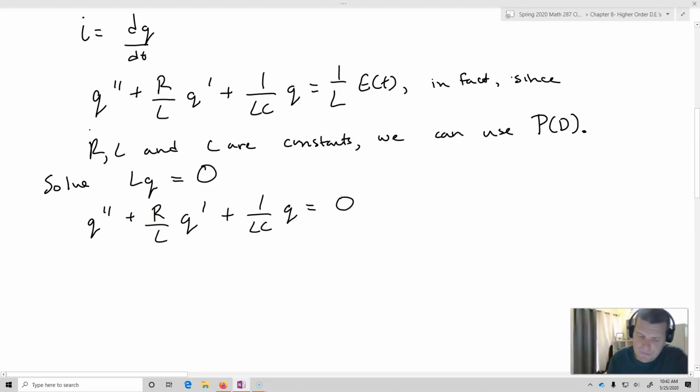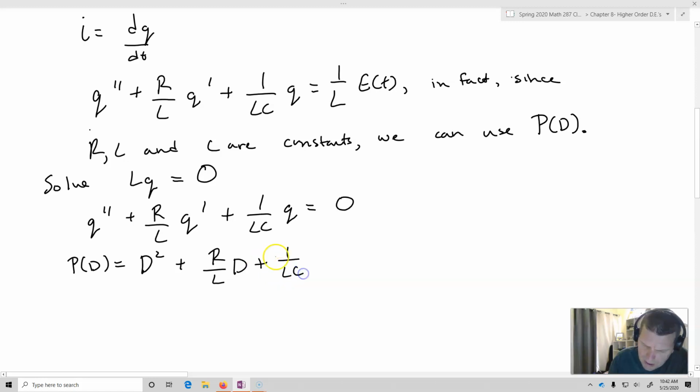All right, that's my homogeneous equation. So my P of D is going to equal D squared plus R over L D plus 1 over LC, right? Okay, and that's P of D. And so P of r is going to equal r squared plus R over L r plus 1 over LC. Okay, so that's all we're going to need to solve, right?